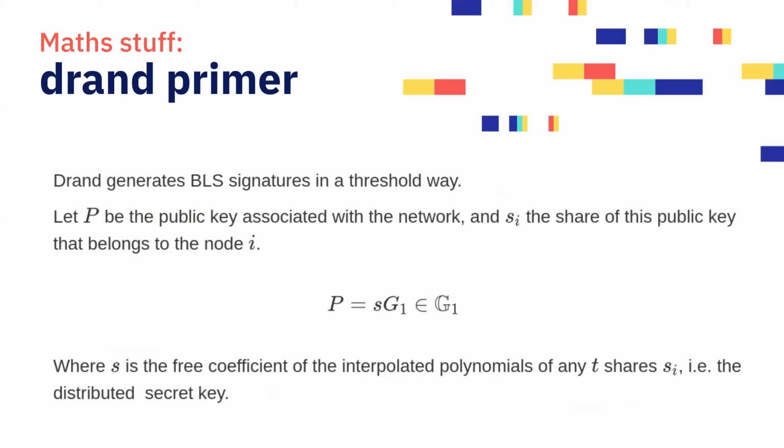In practice, we have multiple shares for each node, and so there is a secret key for the whole group that is the interpolation of all the shares of all the nodes, but it's not too important because the signature scheme behind the hood works in the same fashion for both threshold and regular BLS signatures. So we have a public key P, which is a point on the curve, and a secret key S, which is just an integer.